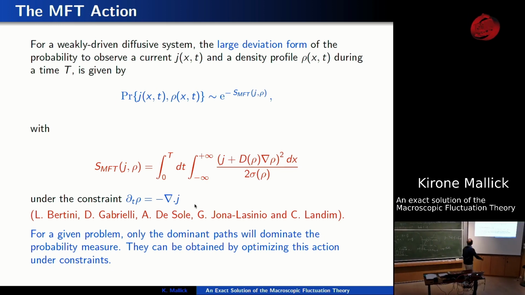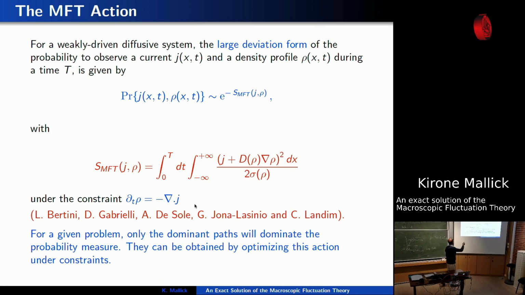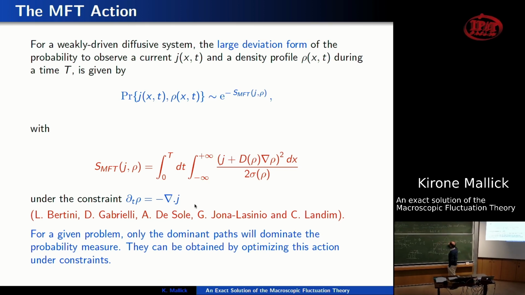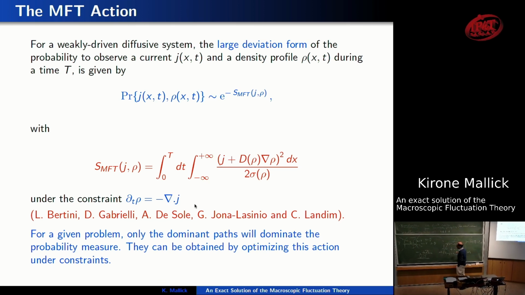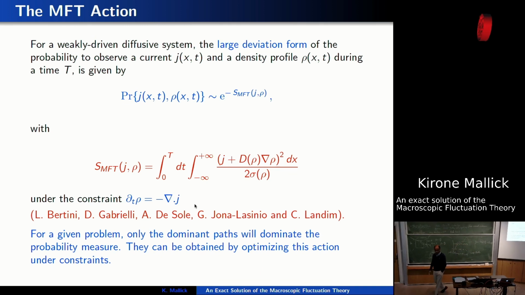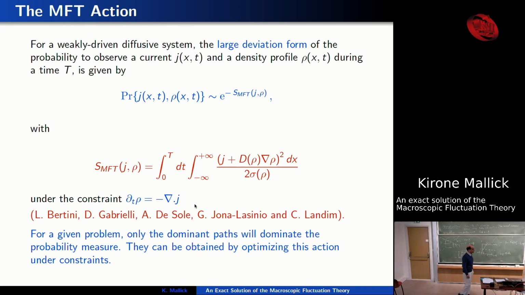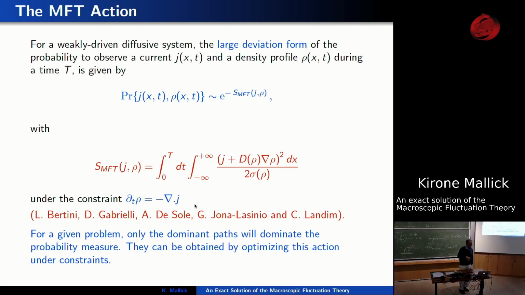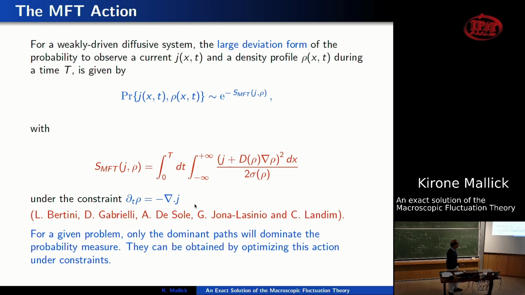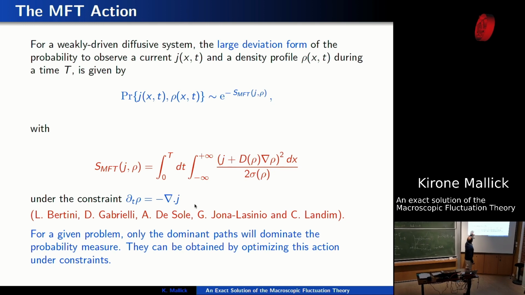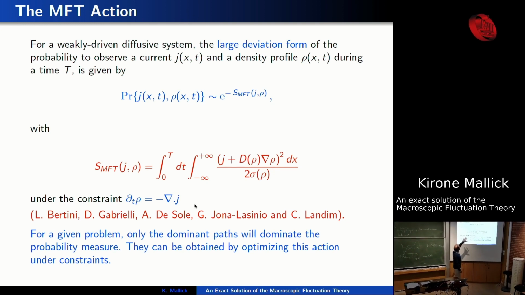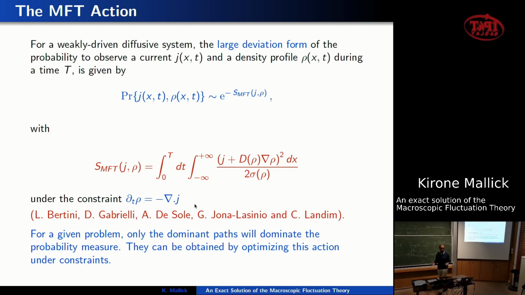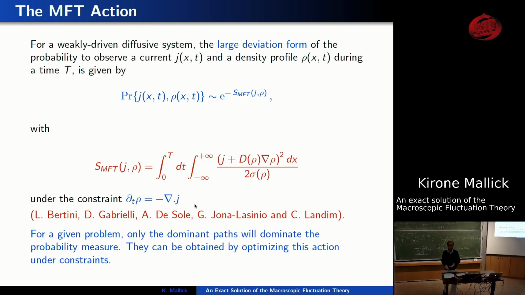So somehow, now that you have the path integral, so you know how to compute, or at least you have an ansatz to compute the probability of any history, you can do statistical mechanics on many observables and try to compute averages, fluctuations, cumulant generating functions. You know what to start with. The thing is, typically for a given problem, you have some dominant paths which will dominate your statistics, as is often the case in statistical mechanics.